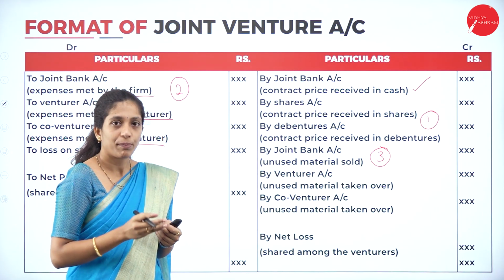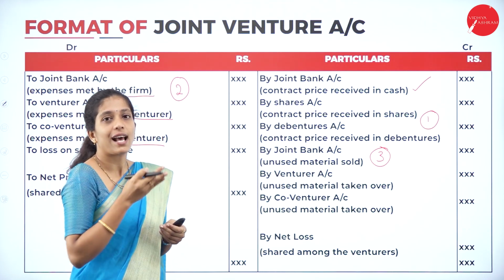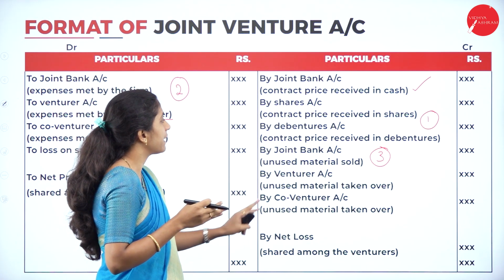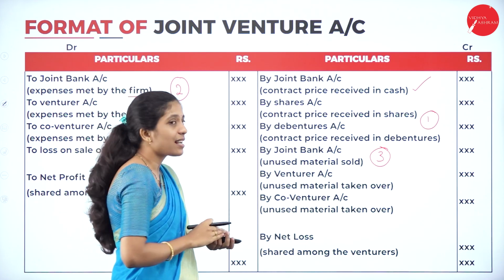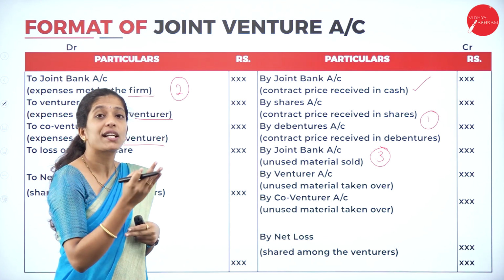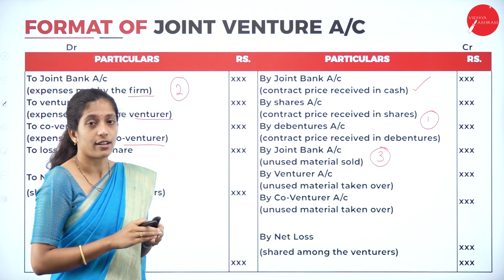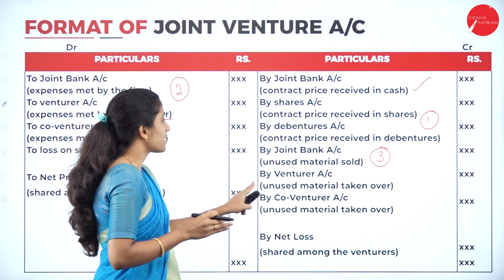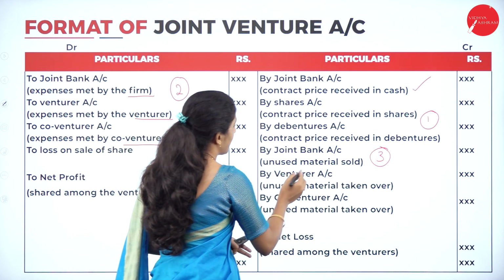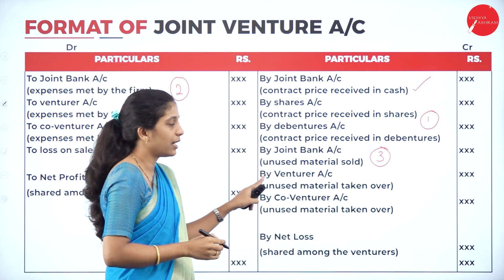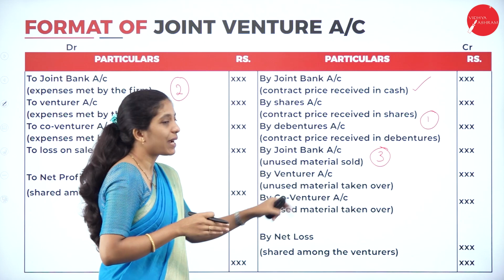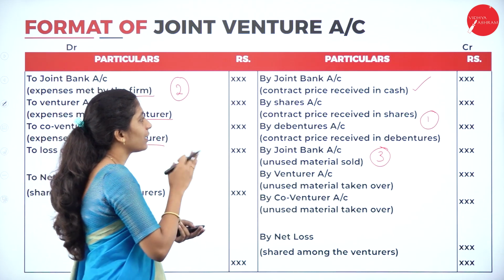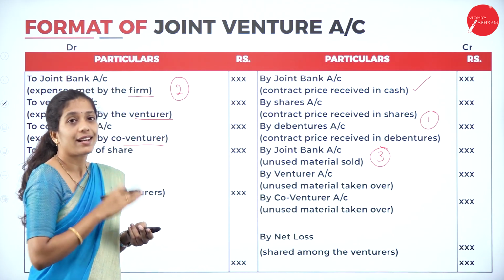In the same way, there are certain situations where material will be taken over by the co-venturers or venturer. In that situation, if unused material is taken over by the venturer, then by venturer account. If it's taken over by the co-venturer, by co-venturer's account. So, your third entry is for material taken over.